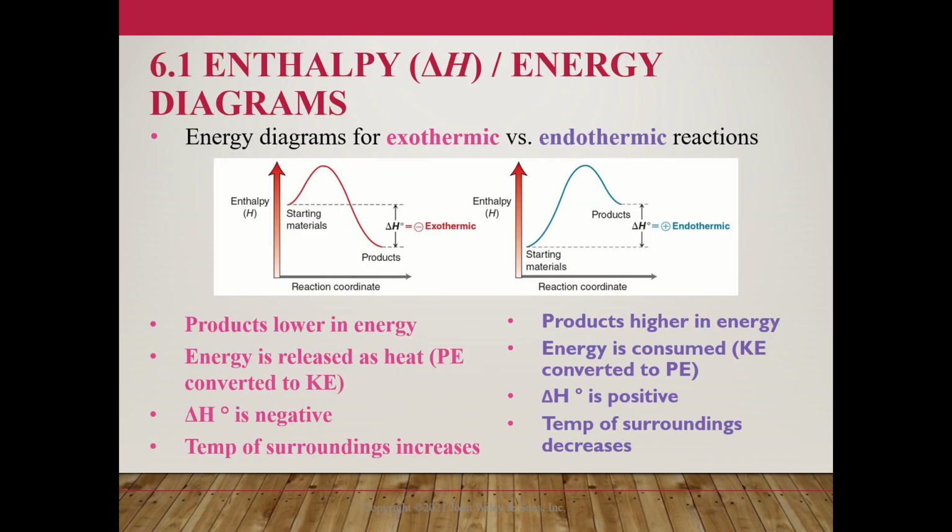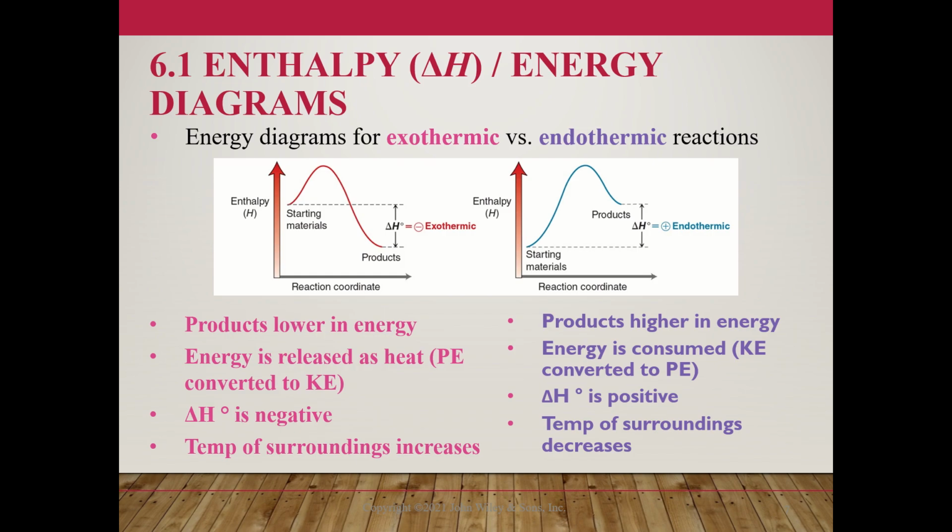Looking at our energy diagrams, the axis that is for the reaction coordinate is basically showing, are they more on the reactant side, or are they more looking like how everything is going to be bonded in the product side?